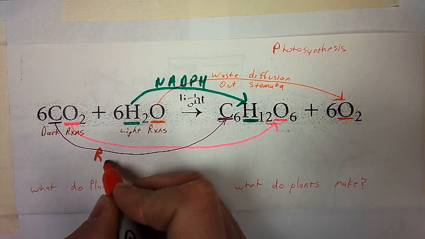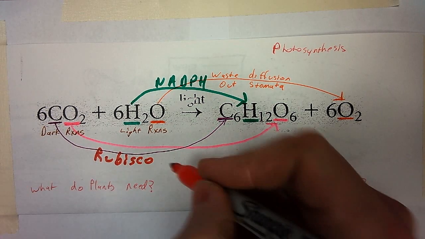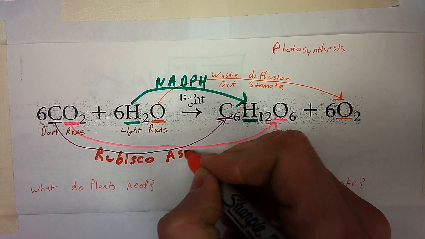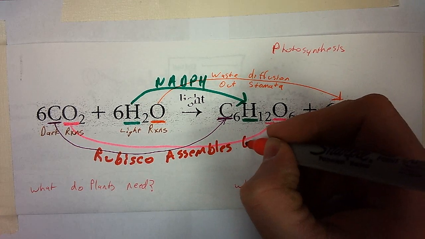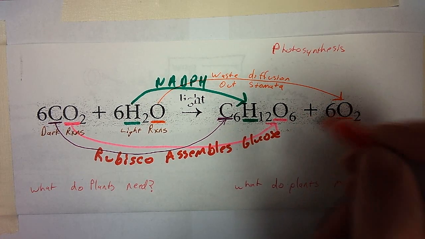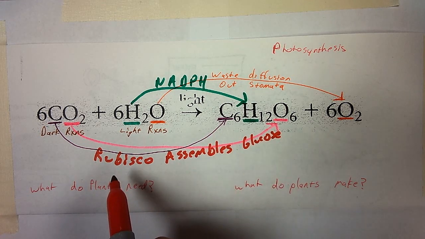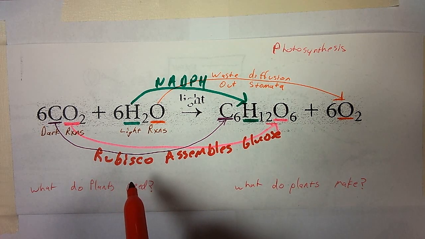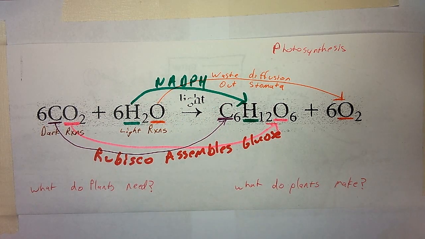So we're going to write in here Rubisco assembles glucose. Here's the glucose molecule. Rubisco is, like I said, an enzyme, a protein that takes the components, carbon, oxygen, and hydrogen, and makes them into glucose.